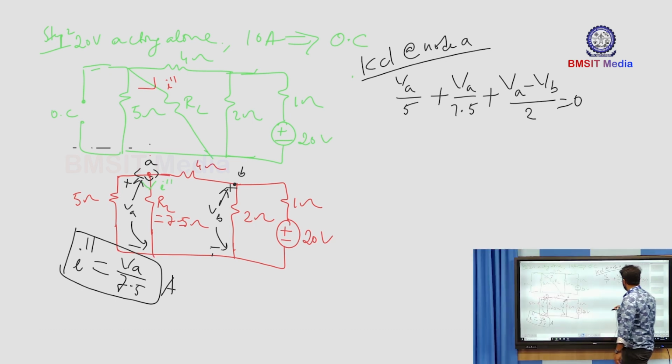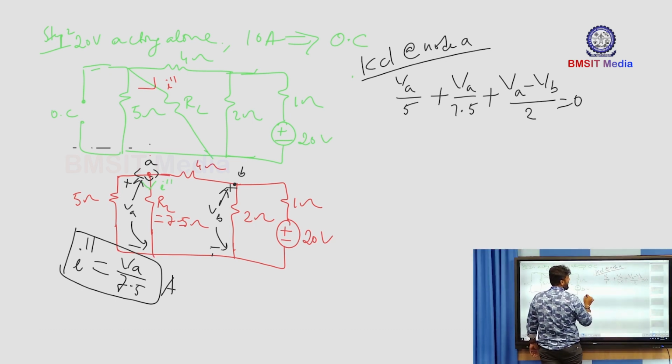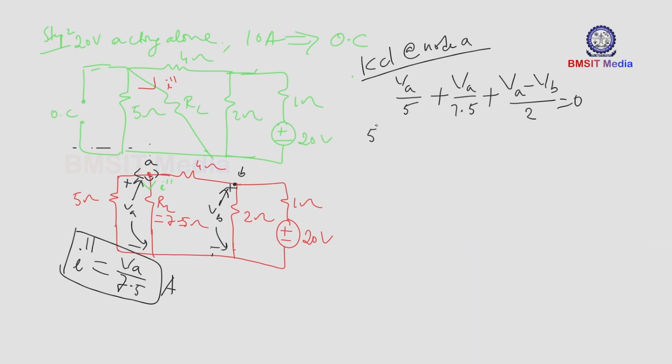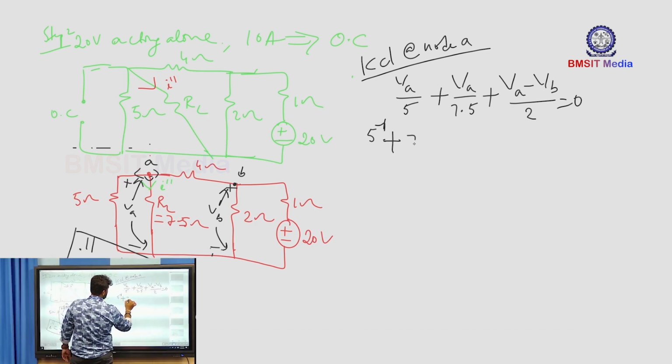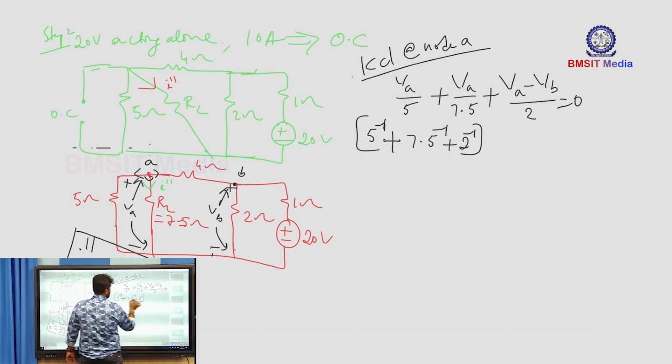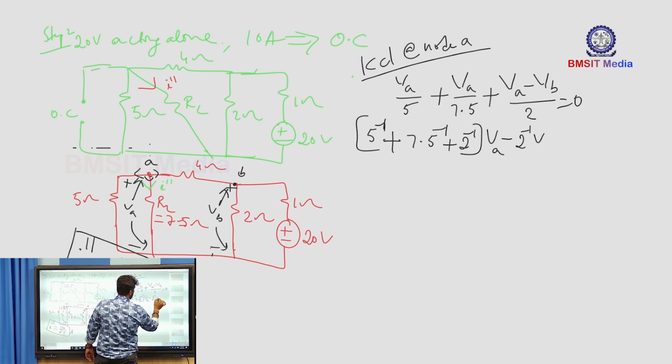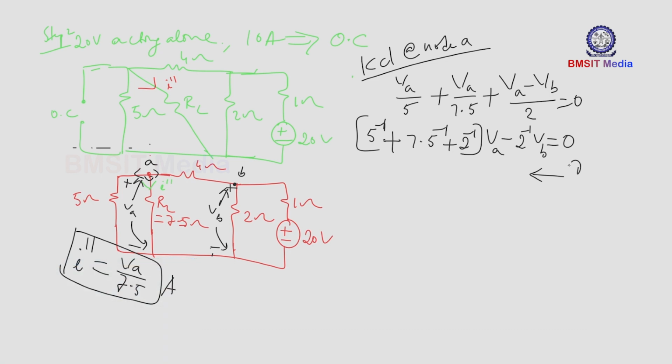Now I will write it in a standard linear equation format so that you can easily solve the equations: (5 inverse plus 7.5 inverse plus 2 inverse) into VA minus 2 inverse into VB equals 0. Call this equation number 1.